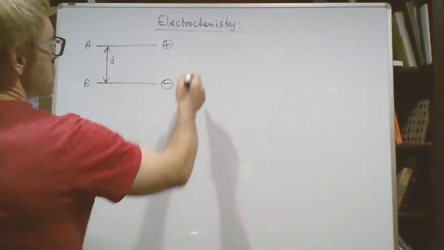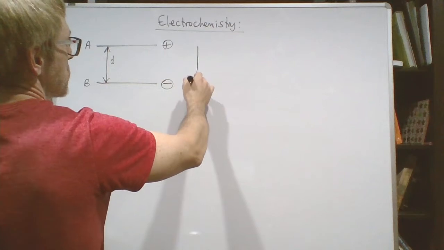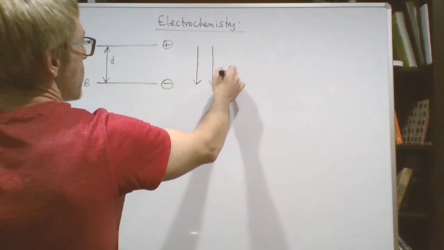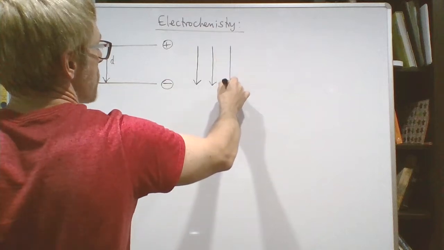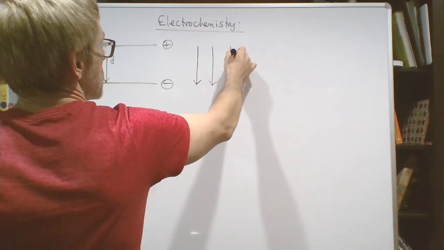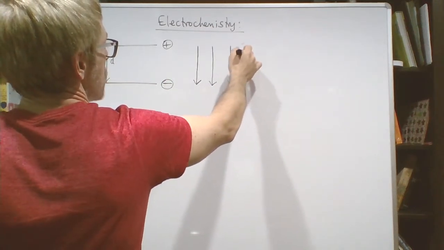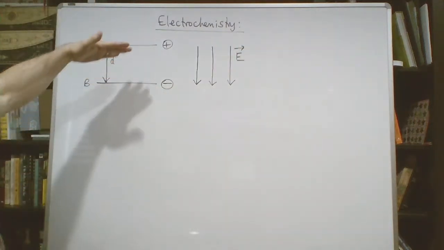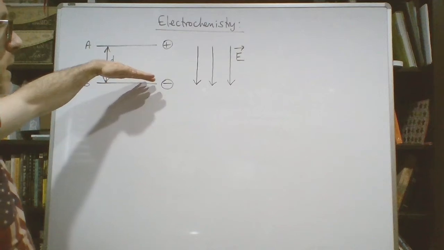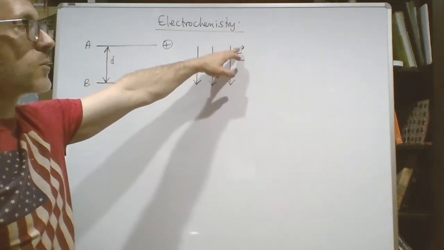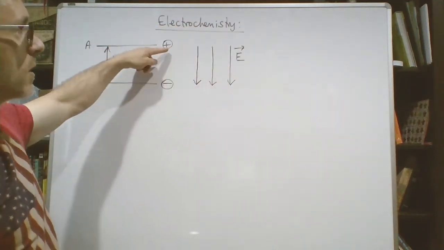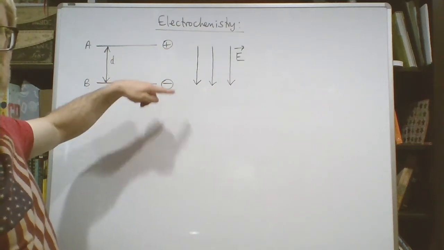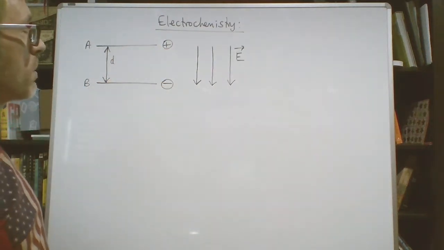And by definition, the electric field always flows out of a positive charge. It diverges from a positive charge, and it diverges towards a negative charge. So if we've got a positive and a negative plate, the electric field, which is a vector, is going to point diverging away from the positive plate and diverging towards the negative plate.